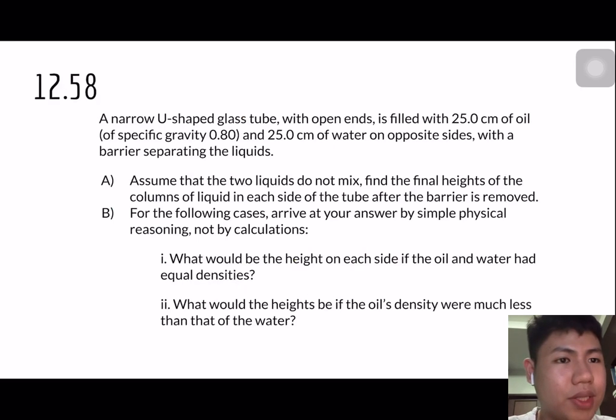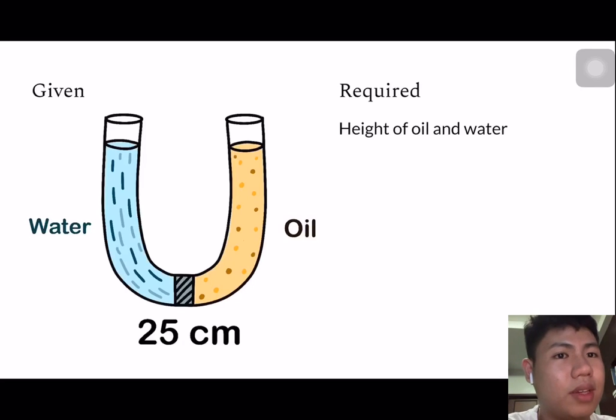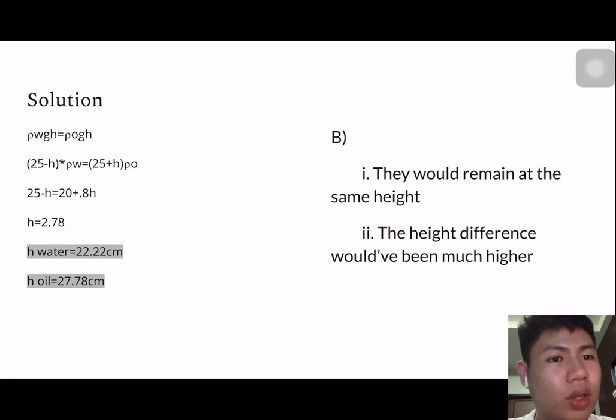So we have two parts to this question, and let's get into our required and given. So this is a diagram, and all we're looking for is the height of oil and water. So once again, we use density times gravity times height, and you equate those because they're at open ends. And we denote our height as 25 minus h and 25 plus h.